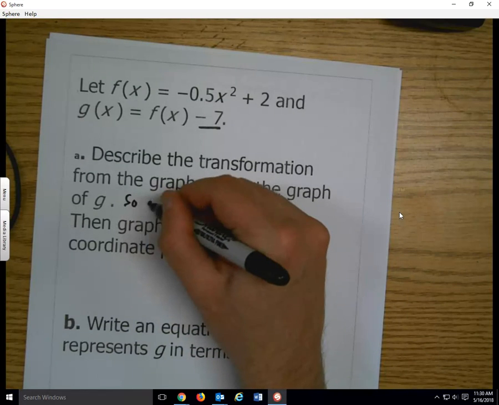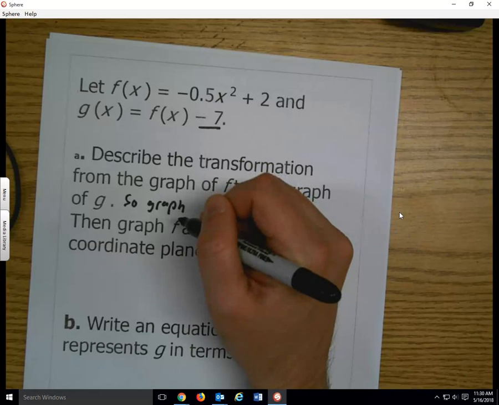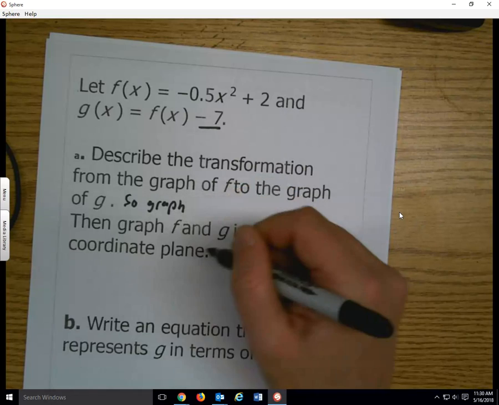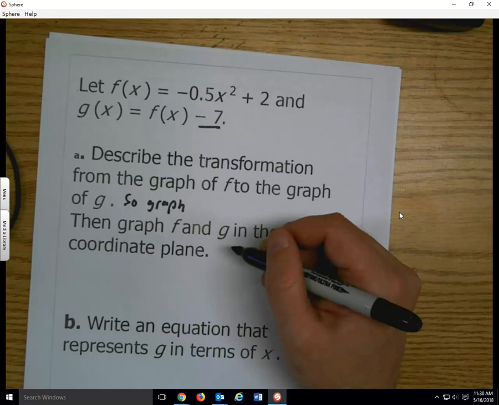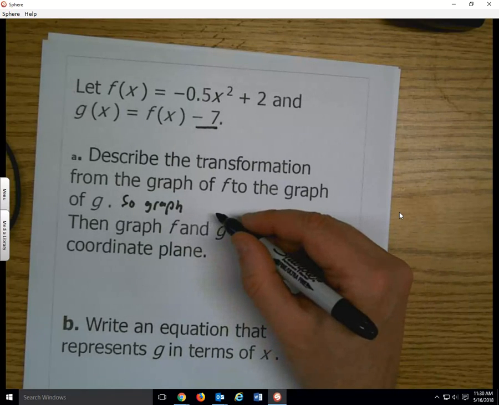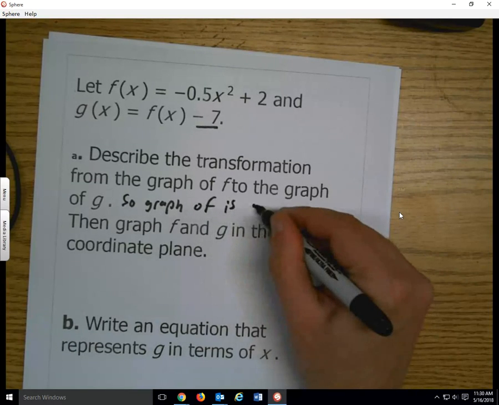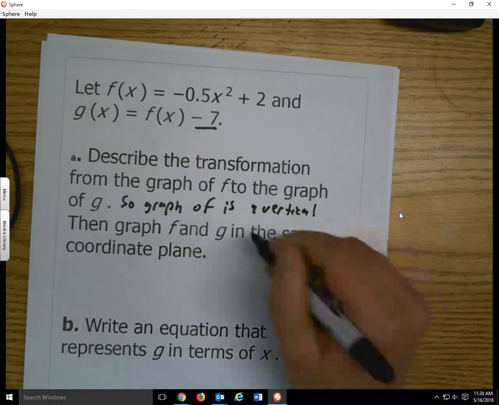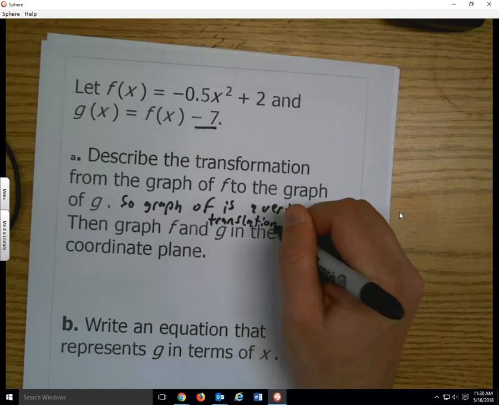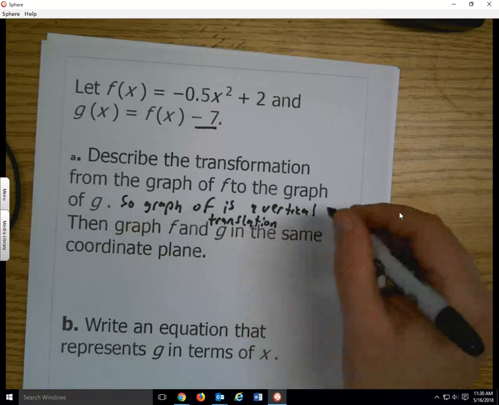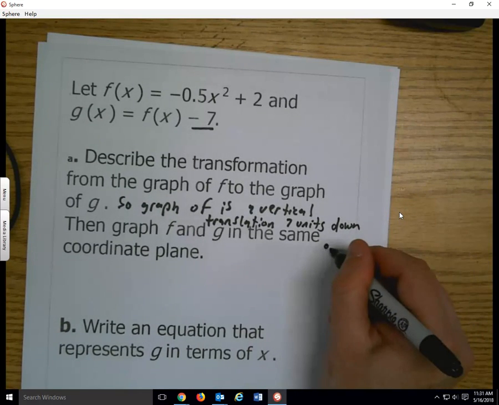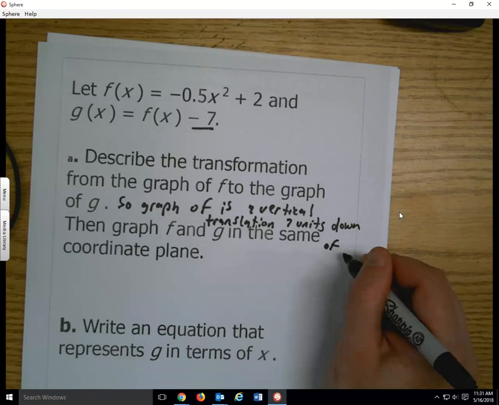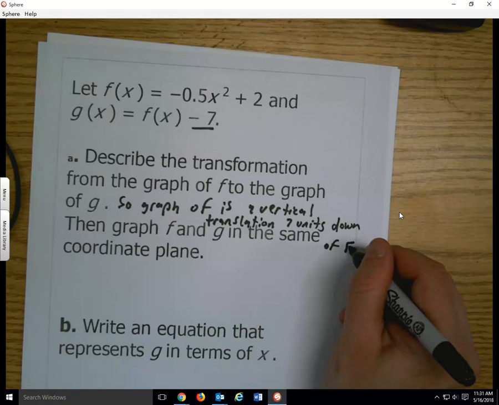So I'll write it. The graph of g is a vertical translation, 7 units down, of the graph of f of x.